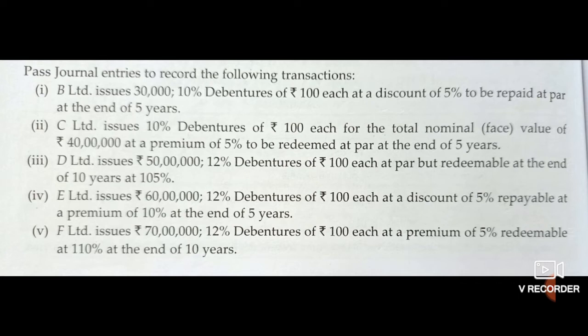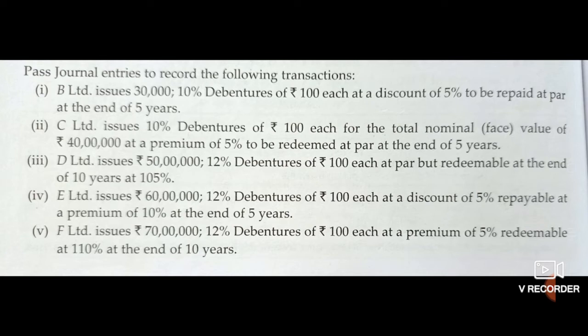Second, C Limited issues 10% debentures of ₹100 each for the total nominal value of ₹40 lakhs at a premium of 5% to be redeemed at par at the end of 5 years. Here total nominal value, just like yesterday, is given 40 lakhs. Debentures face value is rupees 100.